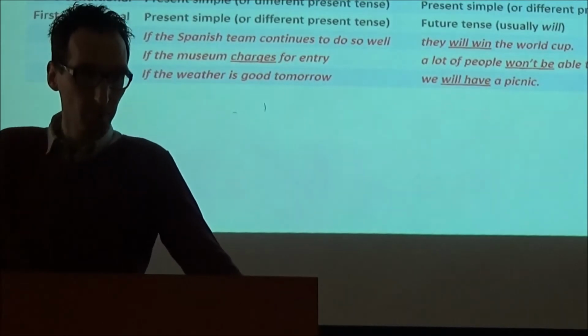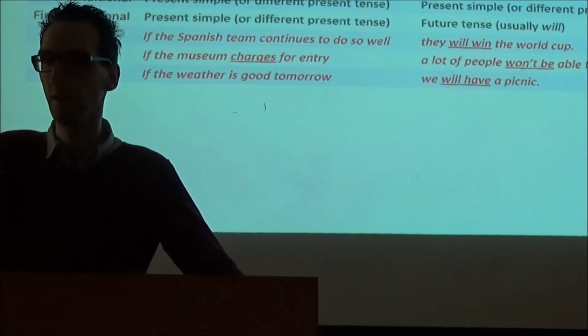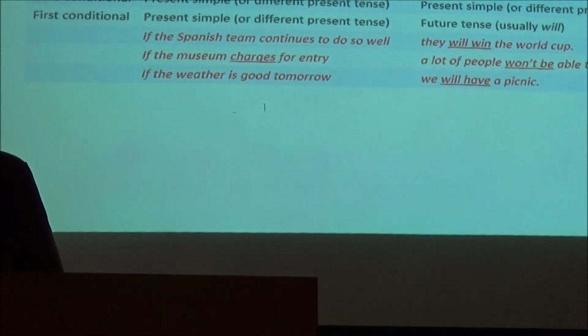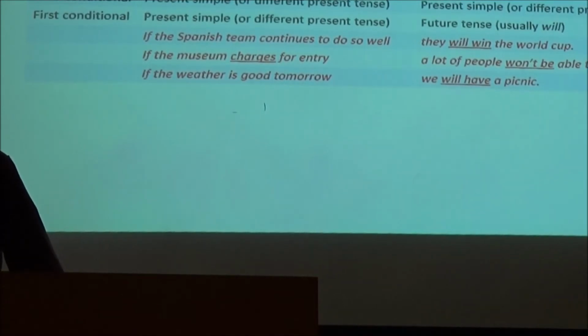And as the numbers of the conditionals increase, so the likelihood of something happening decreases. The first conditional doesn't describe a scientific fact, a general truth. It describes a possibility, something that could happen in the future.